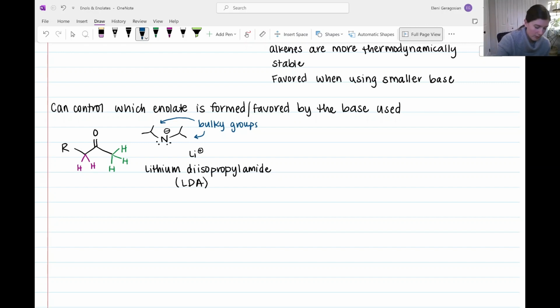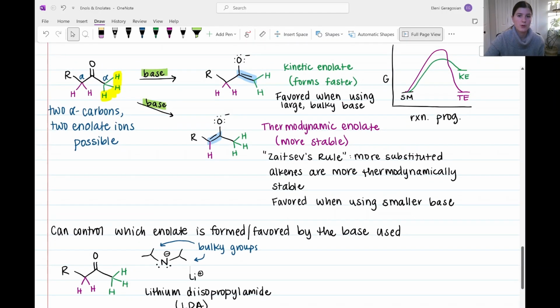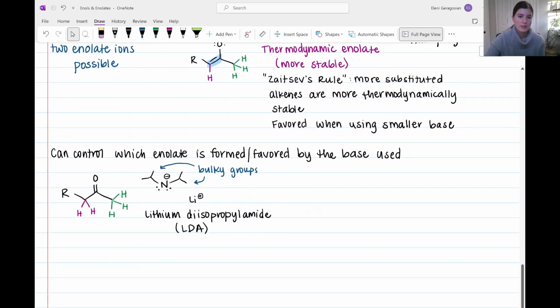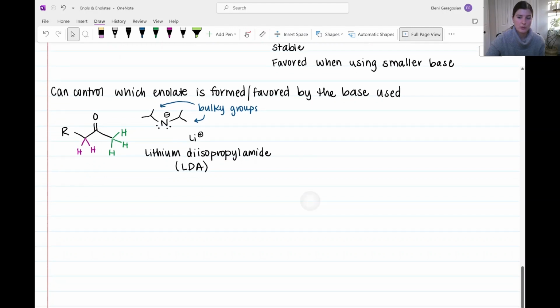So this would favor, going back to earlier in the video, forming the kinetic enolate. Since the LDA is bulkier, it is easier for it to remove one of these 3 hydrogens at the end of the chain.